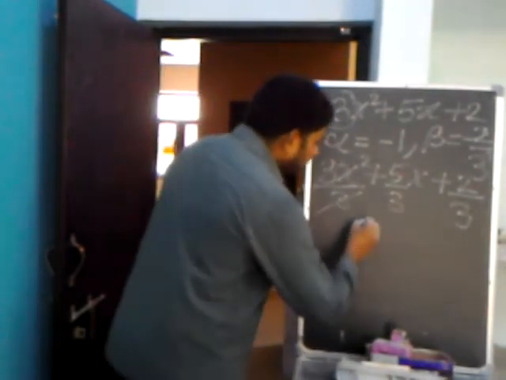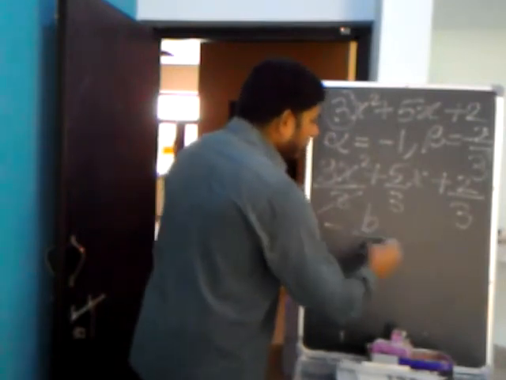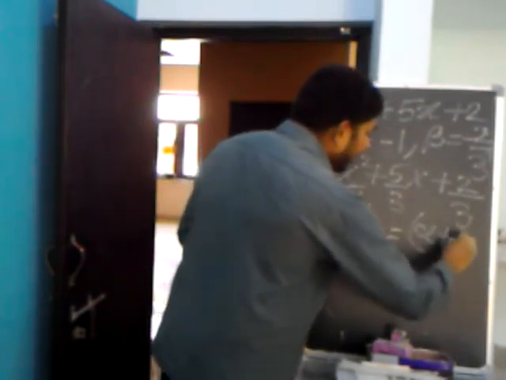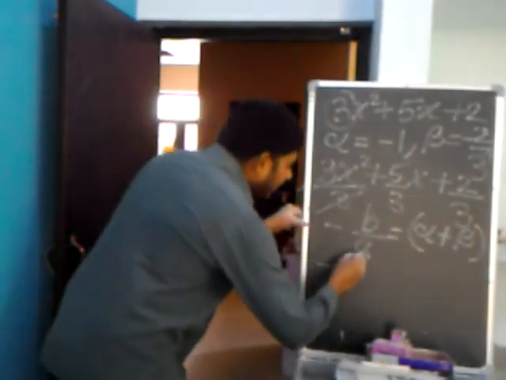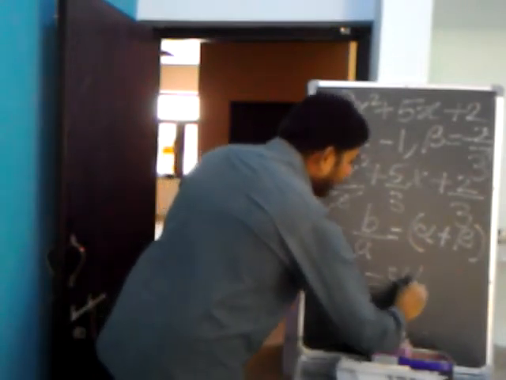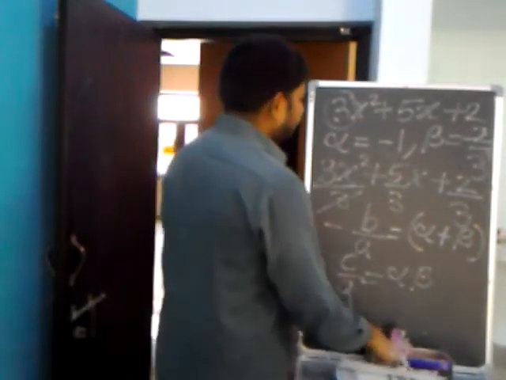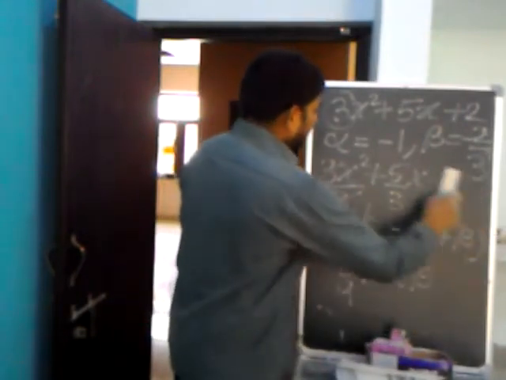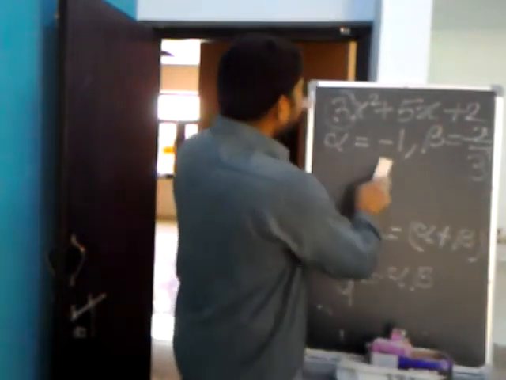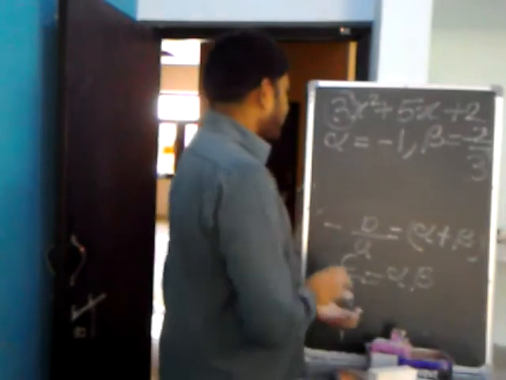Minus b upon a is equal to alpha plus beta, and c upon a is equal to alpha into beta. Bingo. So let us see if it happens or not. What I did actually is divide all three terms by 3. Now let us see what happens.